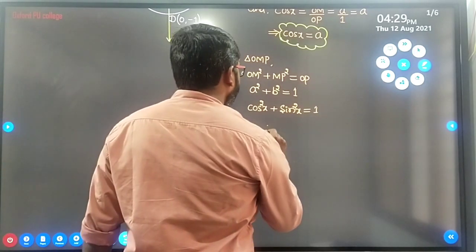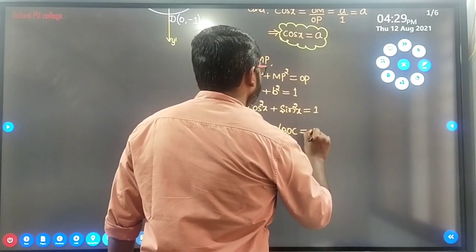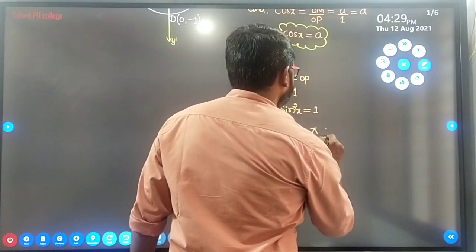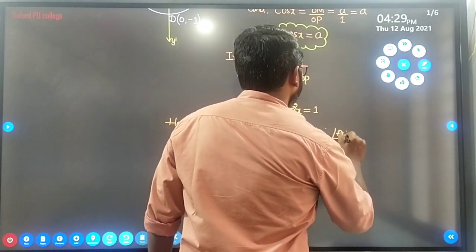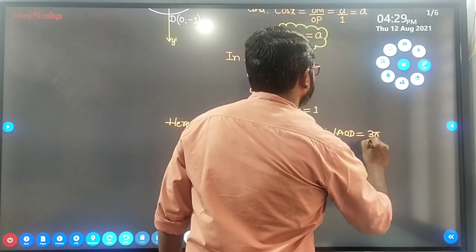And then angle AOC will be pi radian. And then angle AOD will be 3 pi by 2 radian.